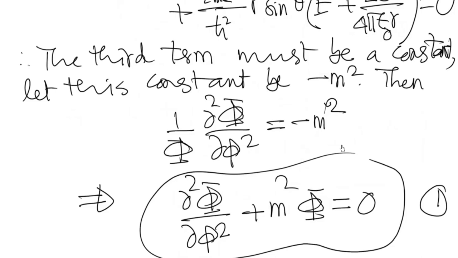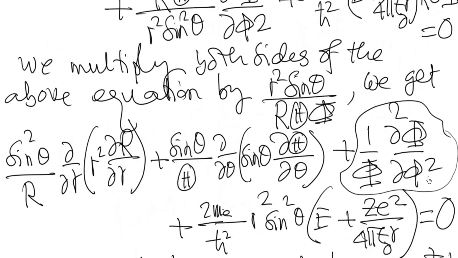This is the equation for phi. And if we put this term as minus m square here, then this equation.